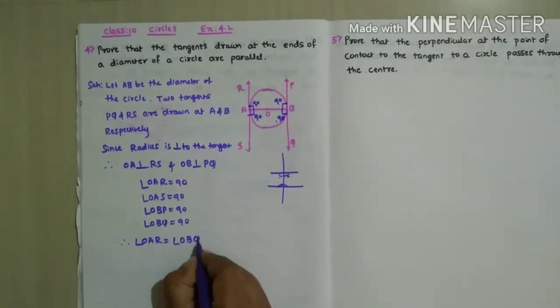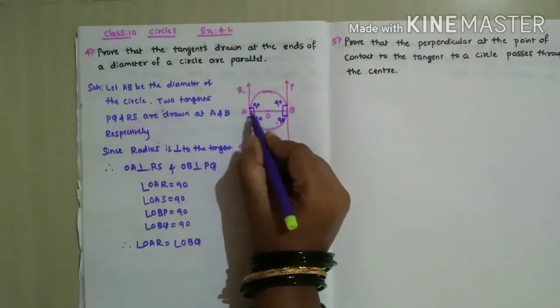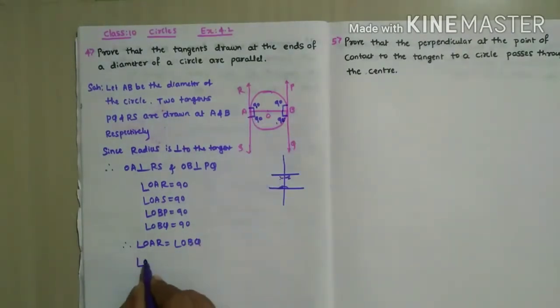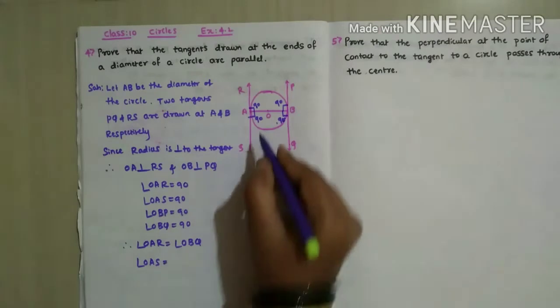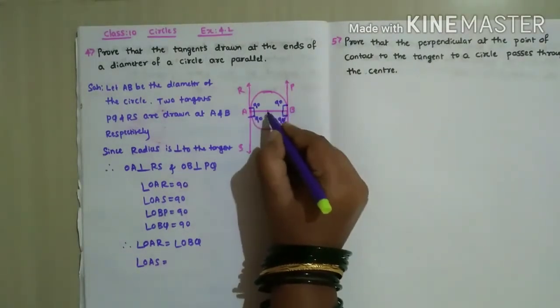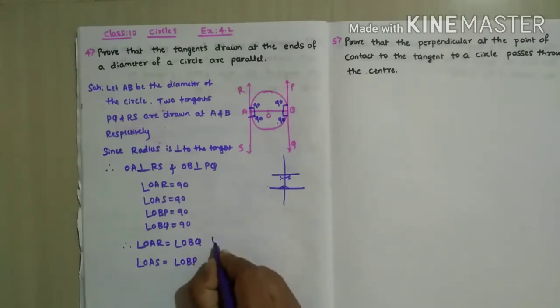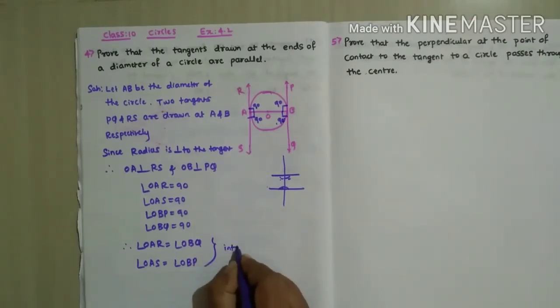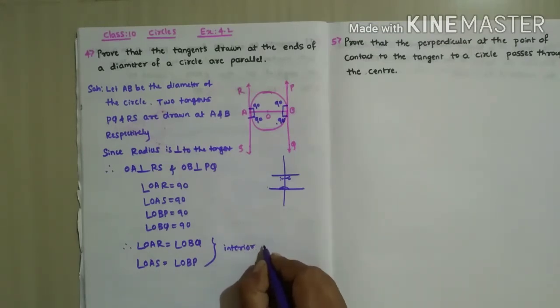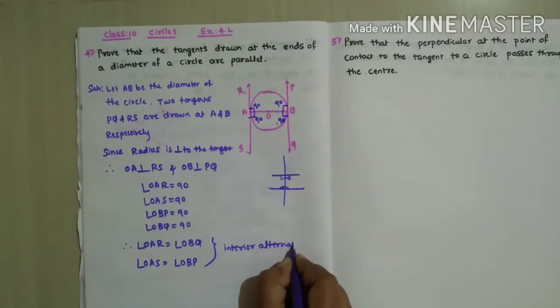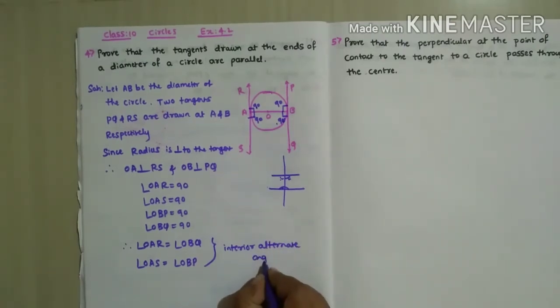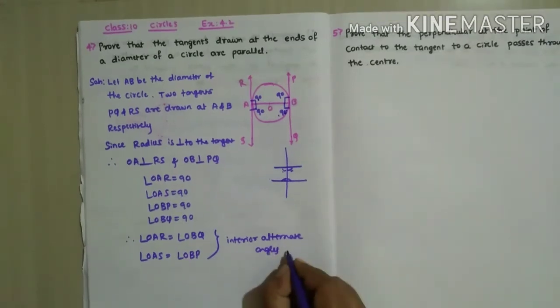Similarly, angle OAS is equal to angle OBP. Both also interior alternate angles are equal.